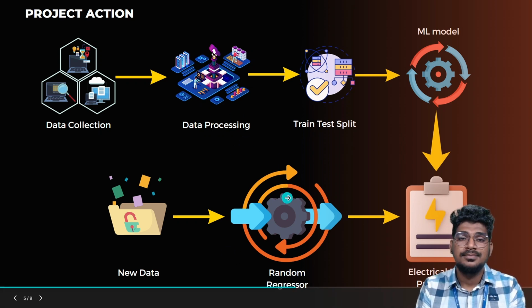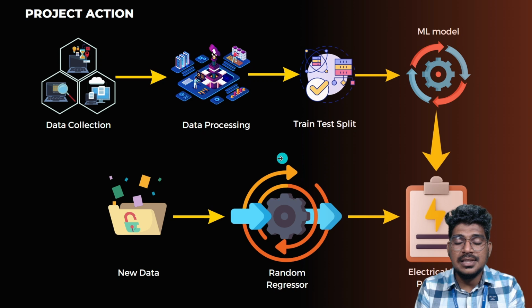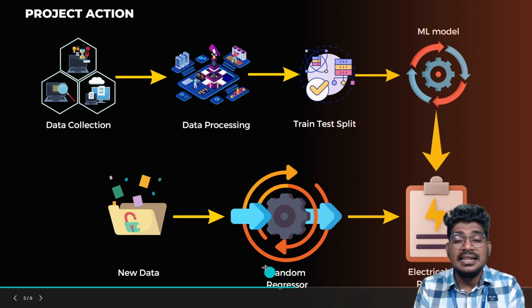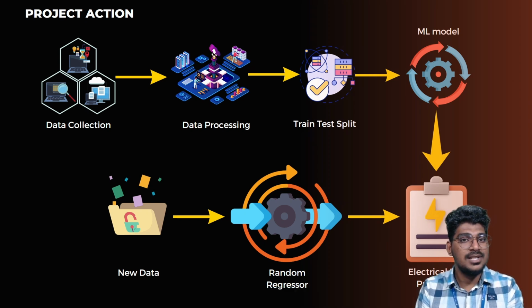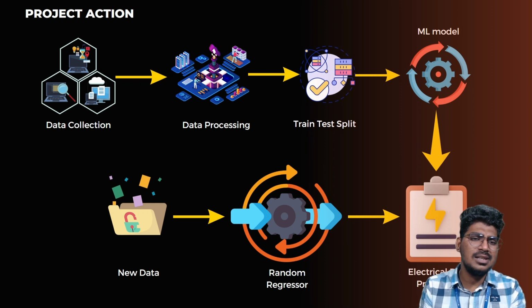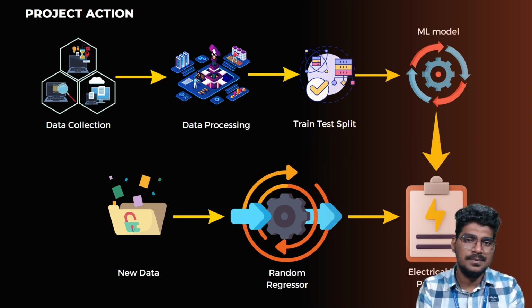When you feed the new data of the electricity price to the system, this random regression will help to predict the electricity price based on the new data. That's very important. These are the project actions.